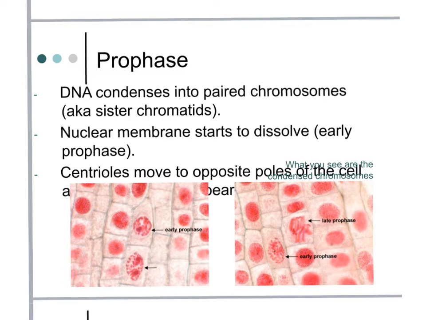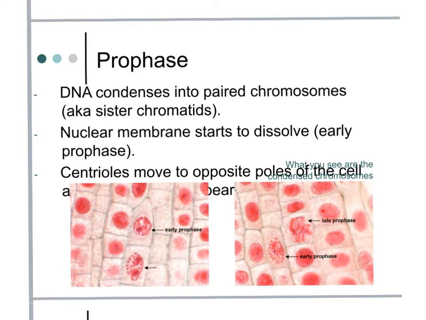So it breaks apart, and this releases the chromosomes out into the space. And it looks like my slide got a little bit messed up here, but what it says is the centrioles move to opposite poles of the cell. So that just means that they're going to be hanging out on the opposite ends of the cell. You'll remember that the centrioles were created in our second growth phase of interphase.